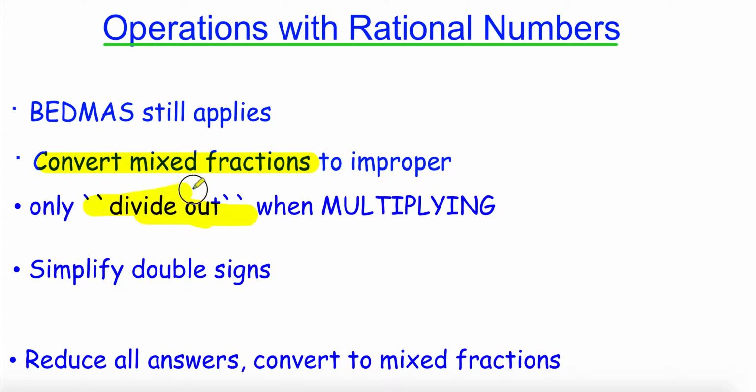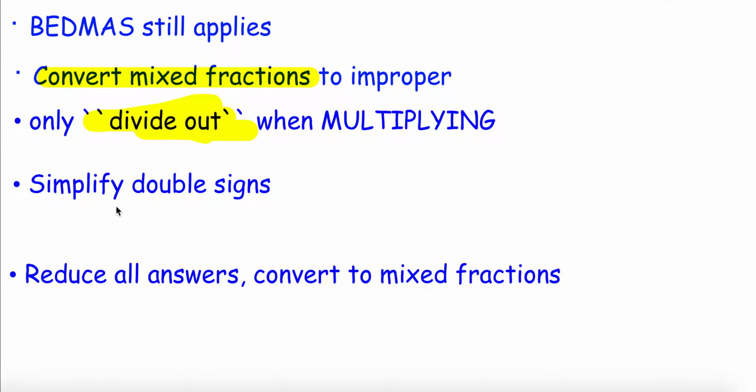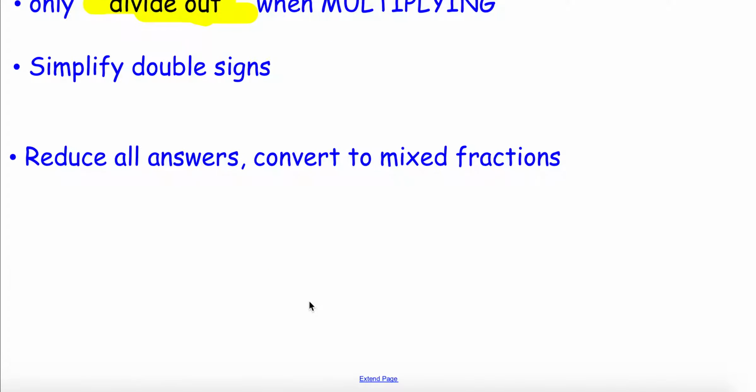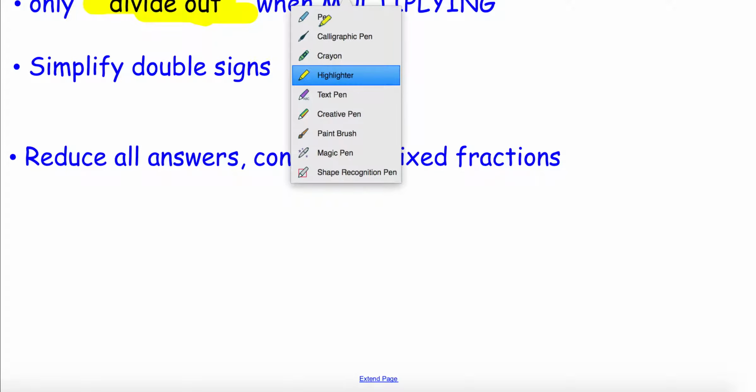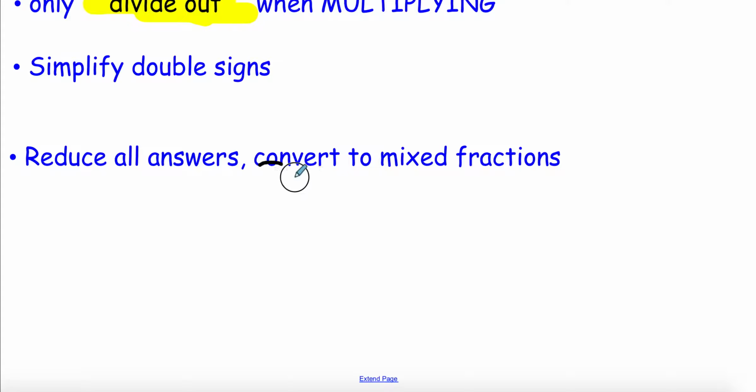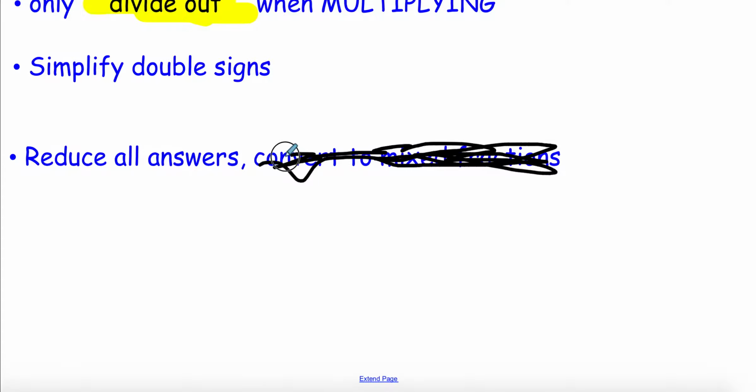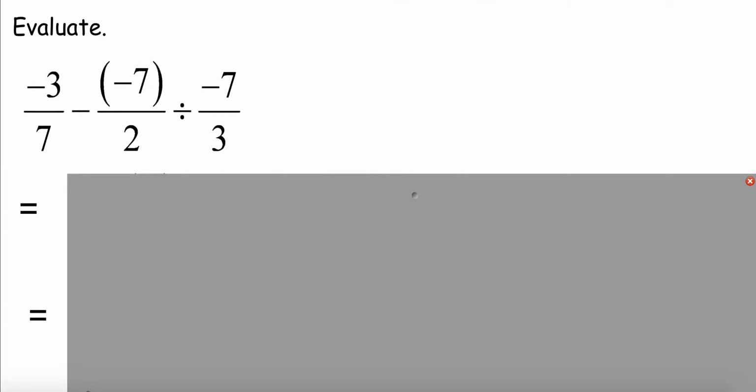This is one of those reducing things that get confusing when we start to put fractions together. Simplify our double signs and reduce everything. You can forget about this part, because I don't want you to do this, because it's dumb. So forget about that. Look at that sound effect.